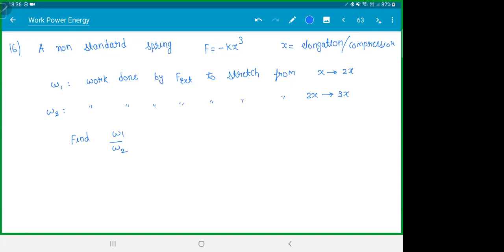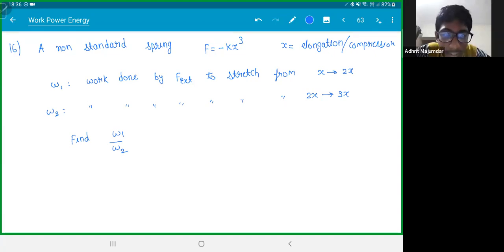So we got this non-standard spring, F equals minus k x cube. Someone is pulling the spring, and what is the work done to pull from x to 2x and the work done to pull from 2x to 3x? That ratio. Is F external constant?